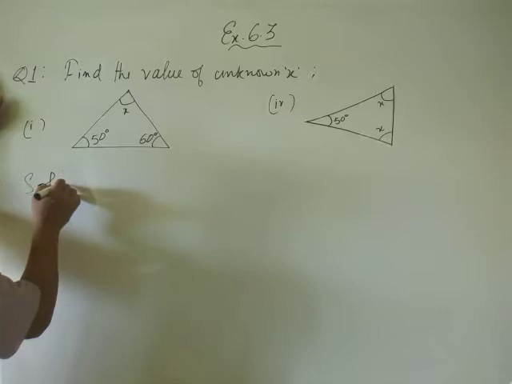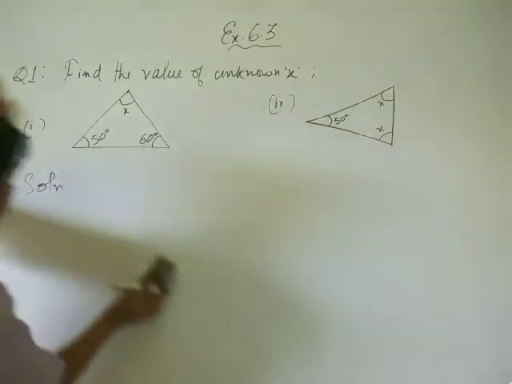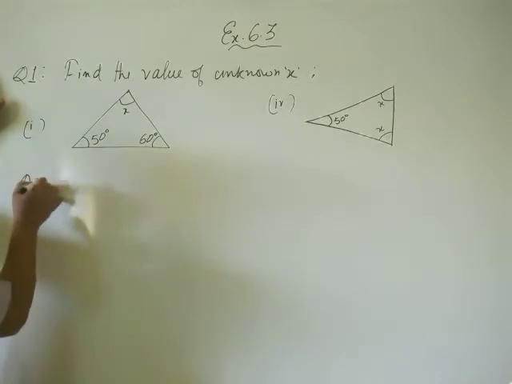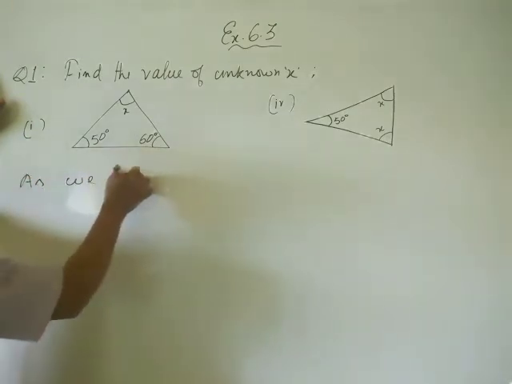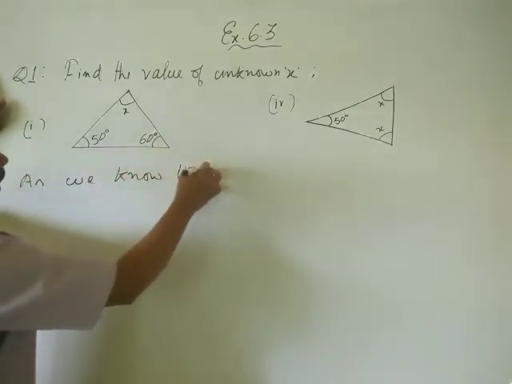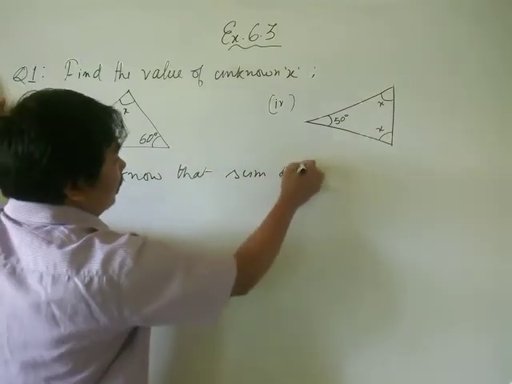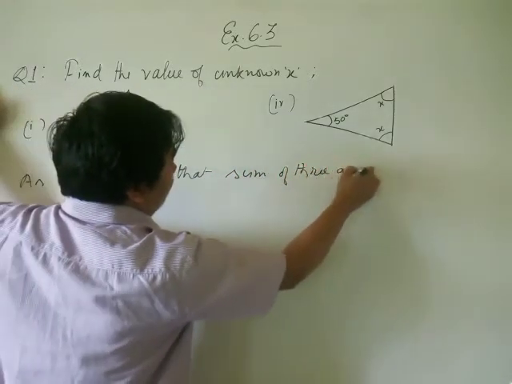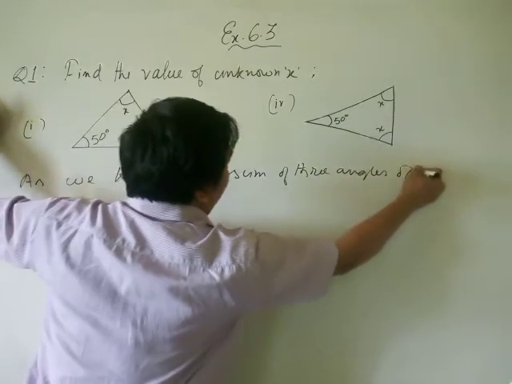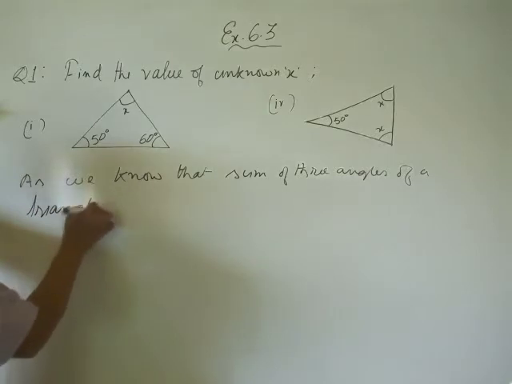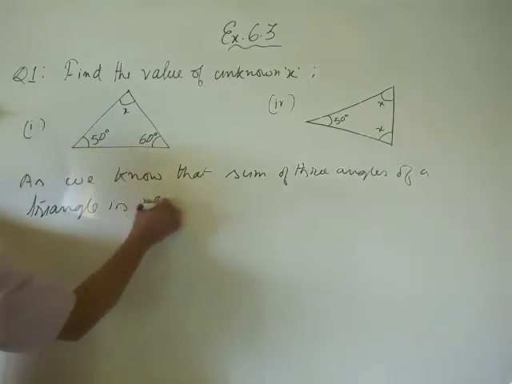Solution 1, or just before starting all, you can just say that as we know that the sum of three angles of a triangle is 180 degrees.